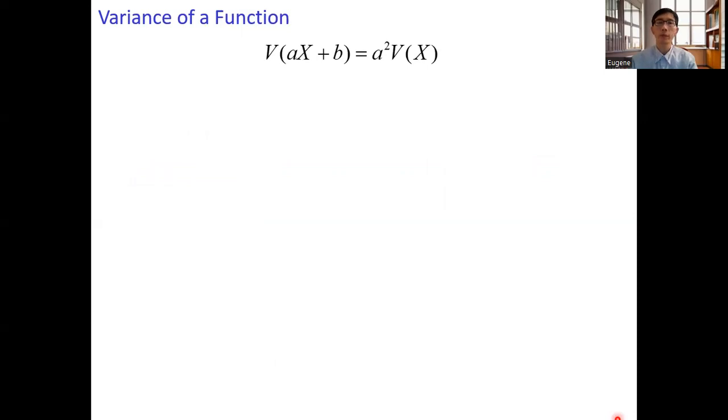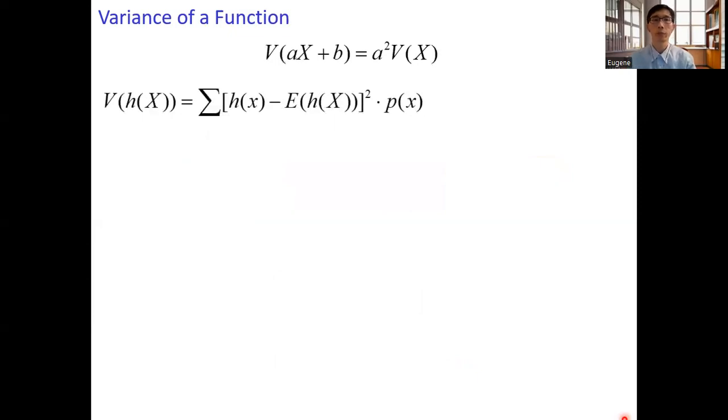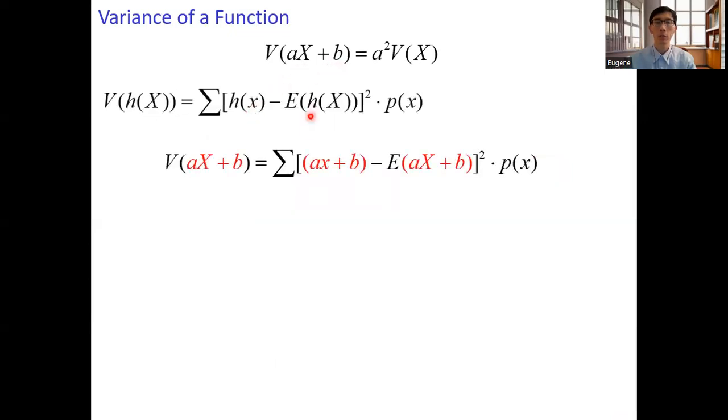Let's prove the variance formula of a linear function: V of ax plus b equals a squared V of x. Start with the definition, where h of x equals ax plus b. So I substitute ax plus b for h of x.